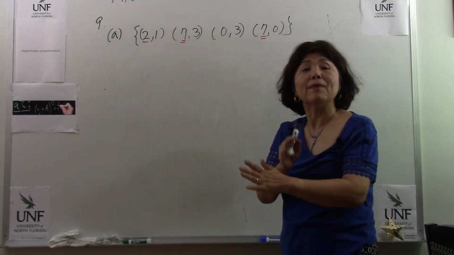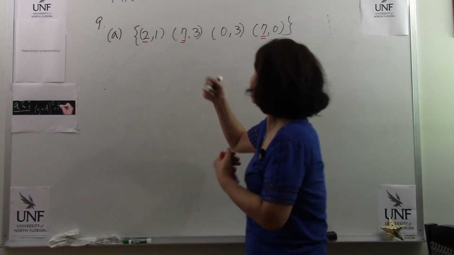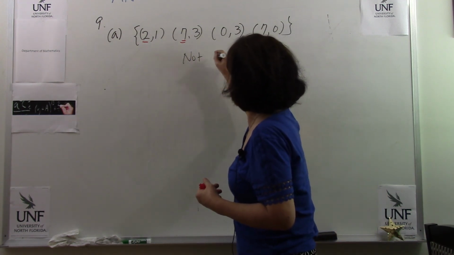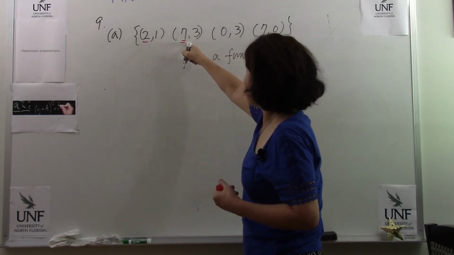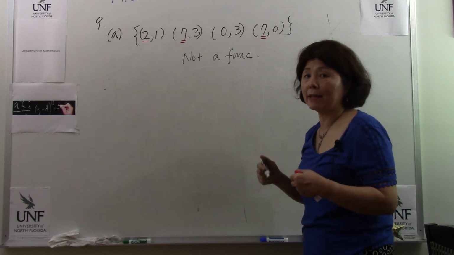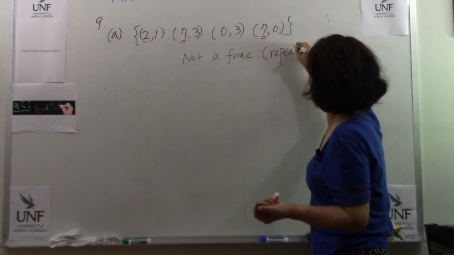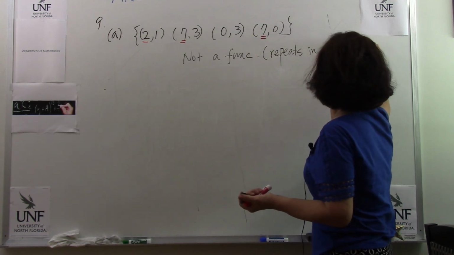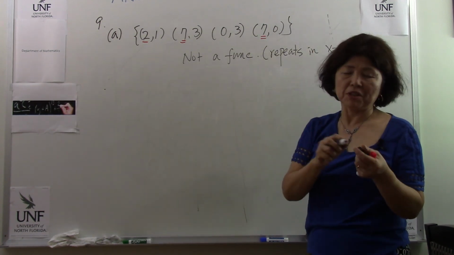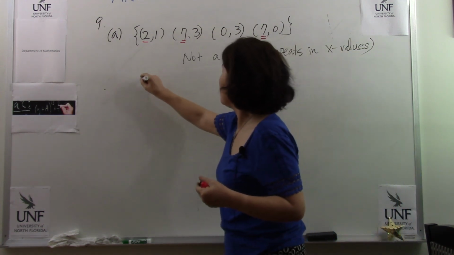So that one violates the rule of a function. So this is not a function. So visually, what is important, if there are repeats in the x values, then that's not a function. Y values don't matter. Okay. And still we can talk about domain and range.